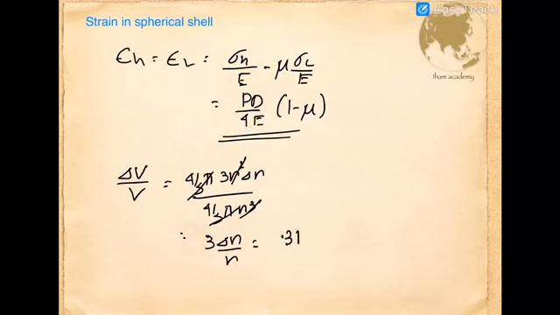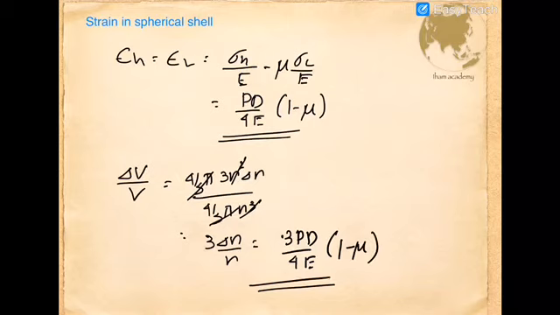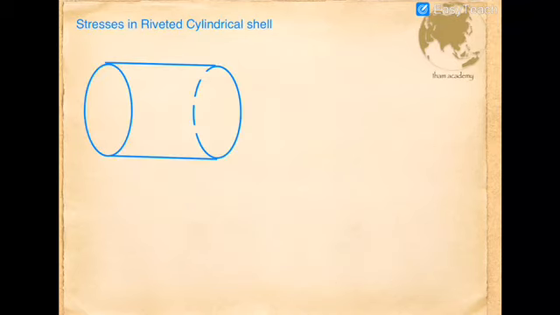Substituting the previous value, we get 3PD divided by 4E into (1 minus mu), which is the corresponding volumetric strain. If we consider the fluid as compressible, we have to consider the volumetric change for the fluid, P by K, also. It's not necessary, but you have to remember this condition.